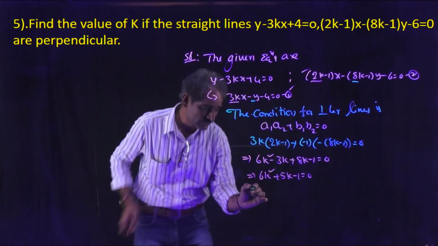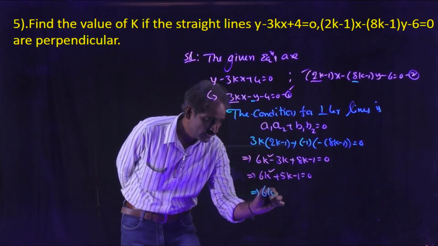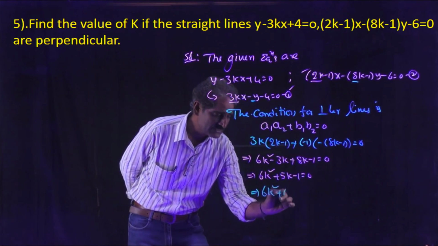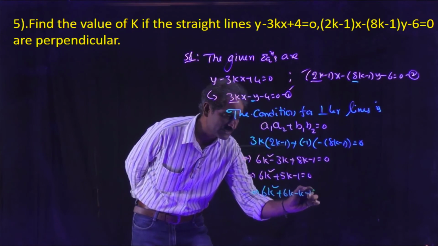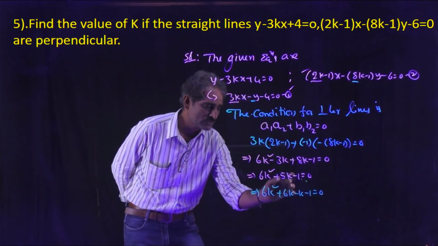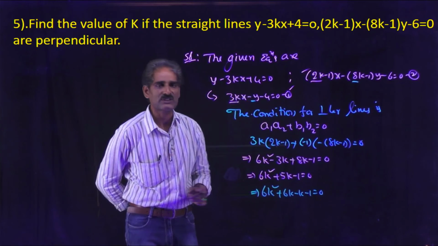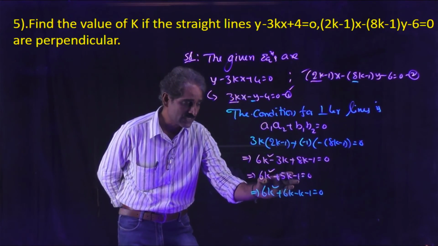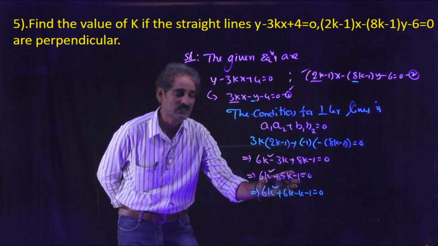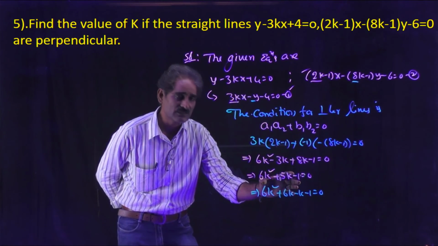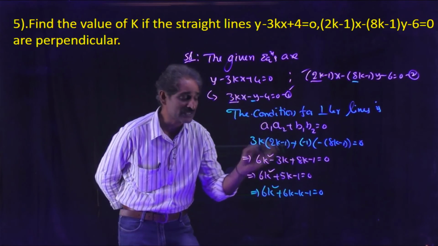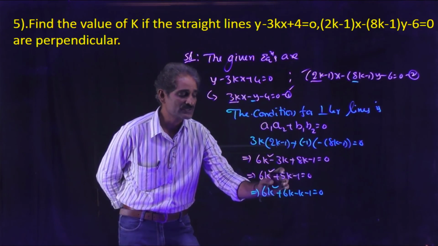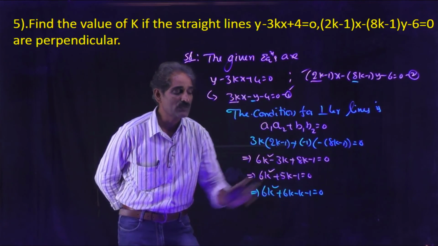So 6k square plus 6k minus k minus 1 equal 0. Their sum is 5k and product is minus 6k square. The product of the first term and the constant is minus 6k square, and we split the middle term into two terms whose sum is 5k. Here 6k and minus k, their sum is 5k and their product is minus 6k square.